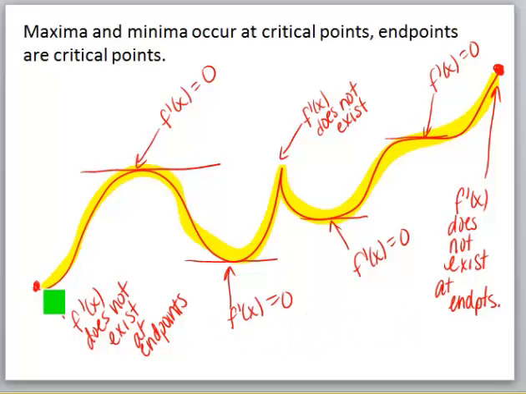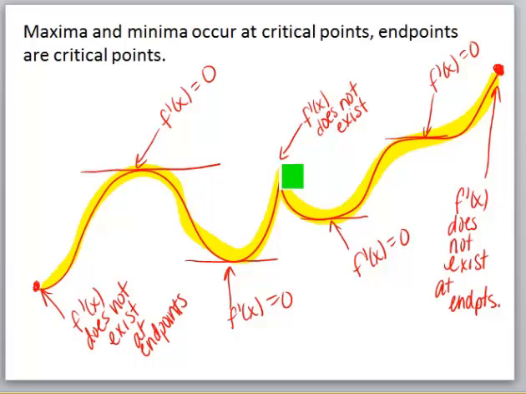Notice that this is a critical number because it's an endpoint, and the derivative does not exist at endpoints. Up here, this is a critical number because the derivative is equal to 0. Notice the slope of the tangent line to the curve is 0. Down here, this is a critical number because the slope is 0. The slope of the tangent line, that is 0.